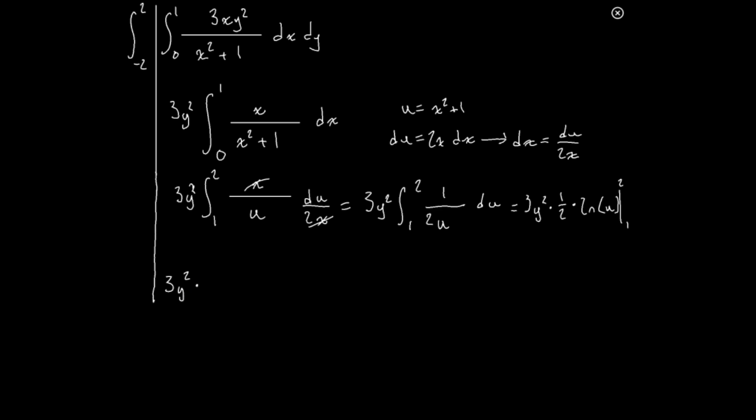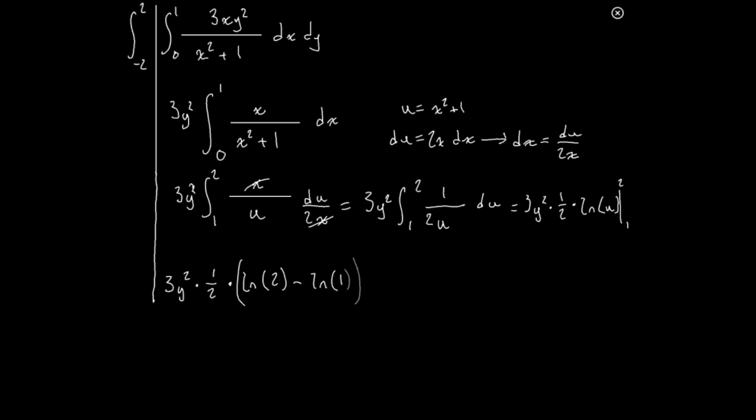Okay, so 3y squared times 1/2 times natural log of, let's see, well, natural log of 2, right, minus whatever's on the bottom, so we have natural log of 1. Okay. So maybe that was a little bit confusing what I just did there and how I wrote that out.